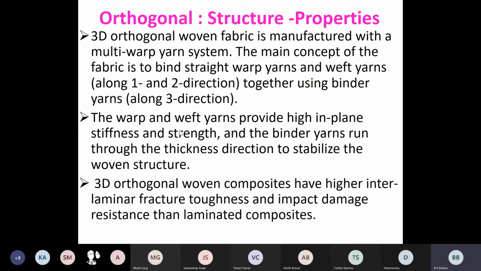Second point, the warp and weft yarns provide high in-plane stiffness and strength. So in-plane, you understand, means in the direction of the plane, in the direction of warp yarn and weft yarn. The properties are very good. The binder yarn runs through the thickness direction, so it stabilizes the woven structure.